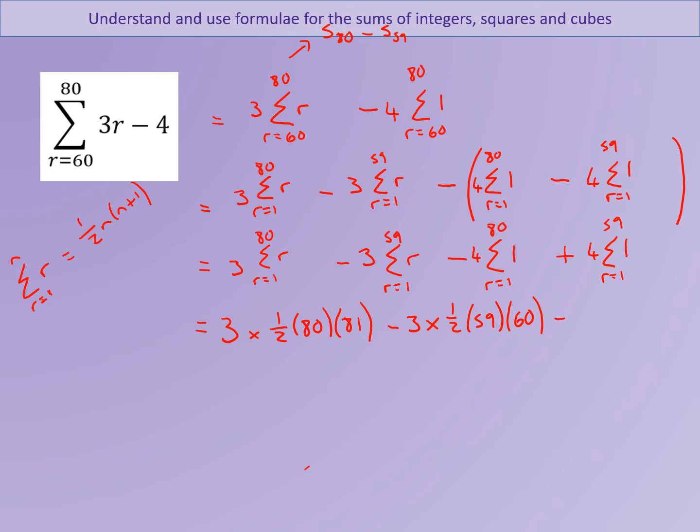So we've got minus 4 times 80. And finally here we've got plus 4 times 59.